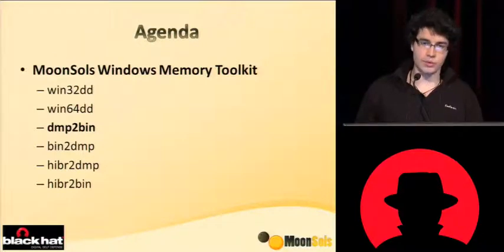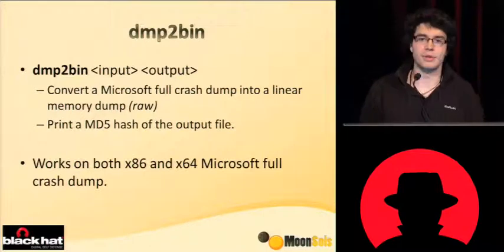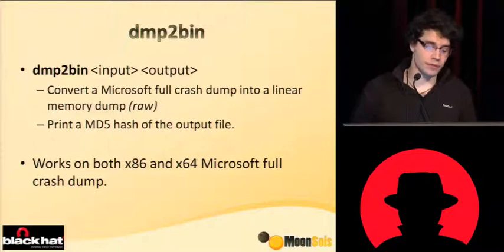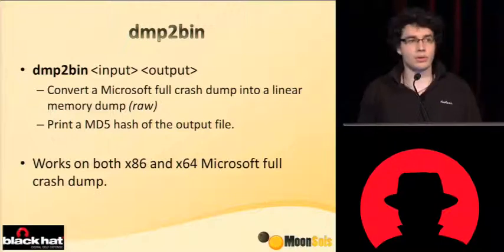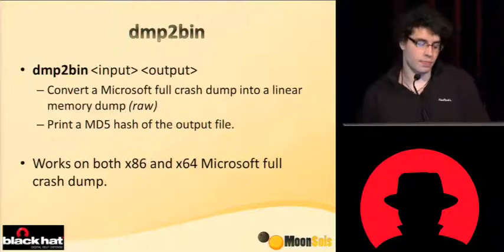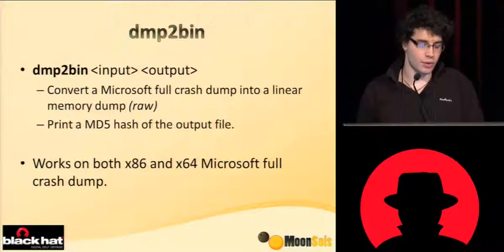Dump to bin is another utility from the toolkit. Again, the usage is really easy to understand. You give a file as an input and it will give you the output. Dump to bin will reconstruct the physical address space from a Microsoft crash dump. It will also give you a hash.